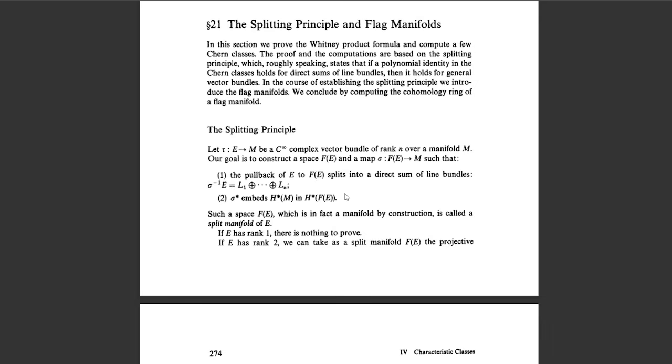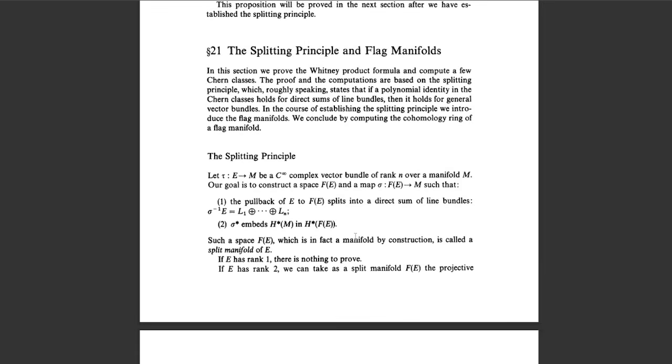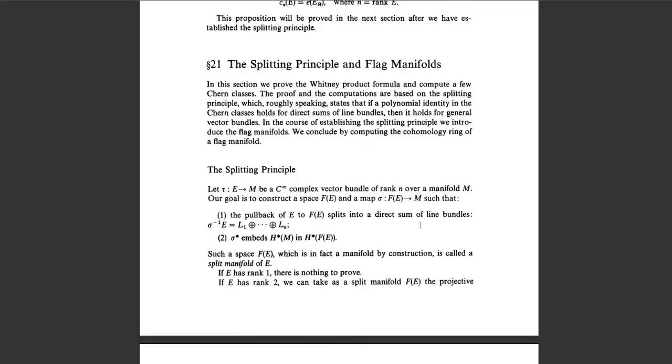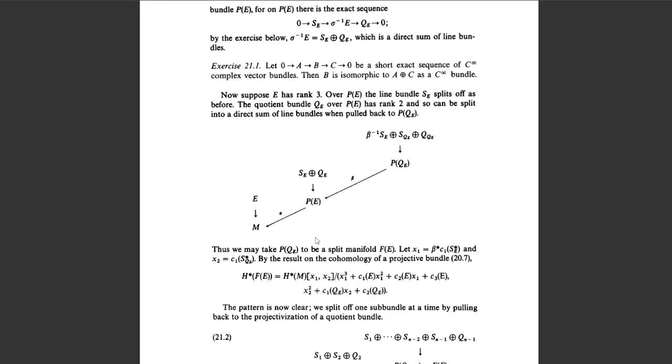So one can algebraically pull back any complex vector bundle over M to a flag manifold, where the bundle cleanly splits into a direct sum of line bundles. And so that's the entire geometric theory of the classical classification of vector bundles.